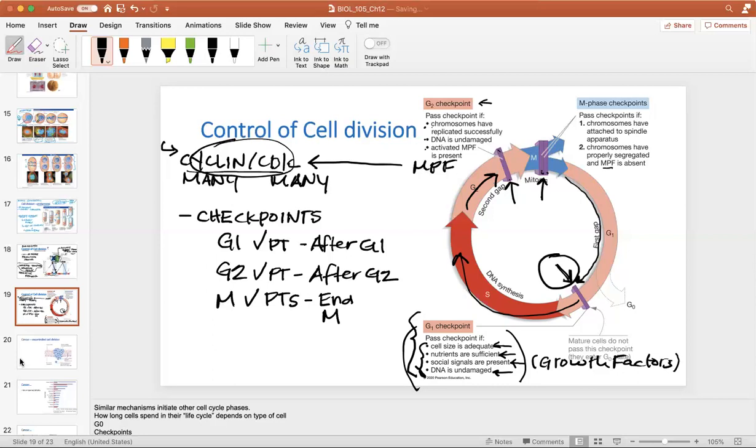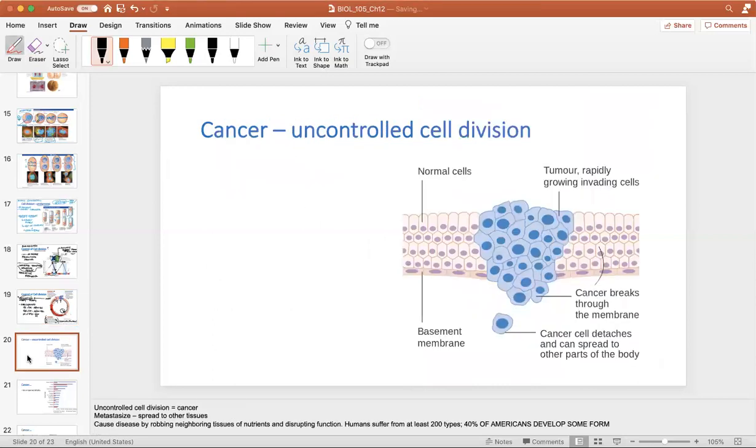But sometimes we do copy cells that have issues with them, and that is what happens in cancer. Cancer is really a disease of mitosis, because what's happening in cancer is that mitosis does not properly shut off. Cancer is essentially uncontrolled cell division.